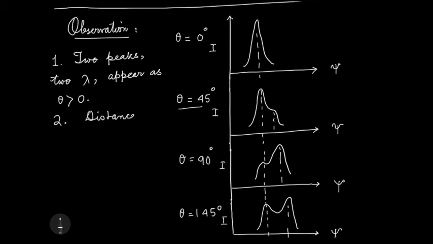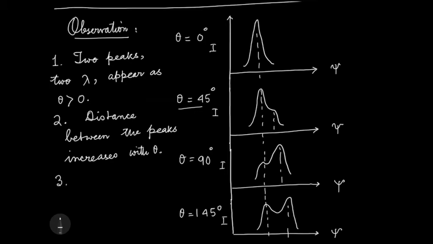Distance between the two peaks increases with theta, at least from 0 to 145 degrees, that is what we see.